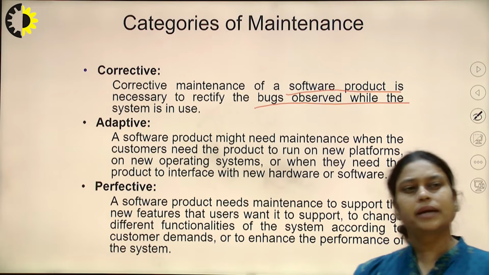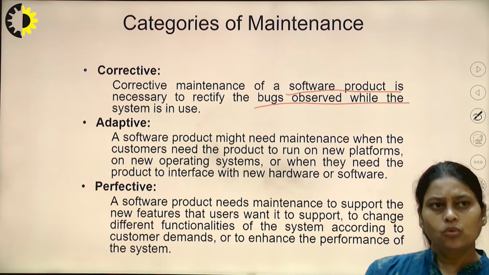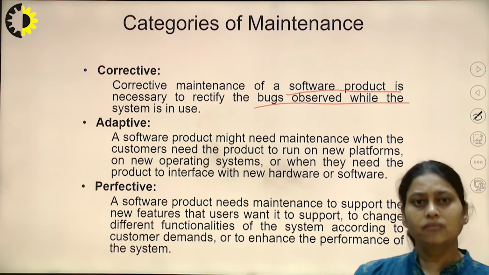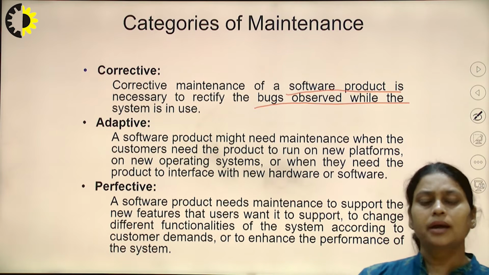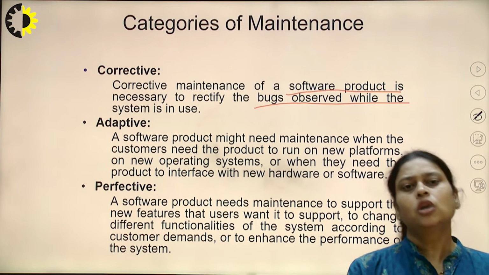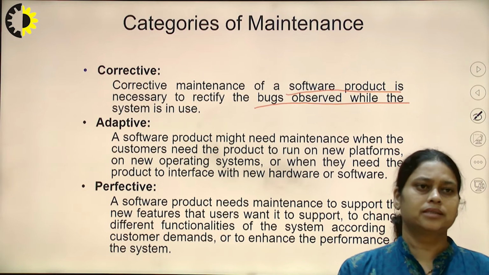The first category is corrective. In corrective maintenance, we only rectify the bugs in the existing system. When we modify the software, if some errors occur, we just fix those errors in corrective maintenance.